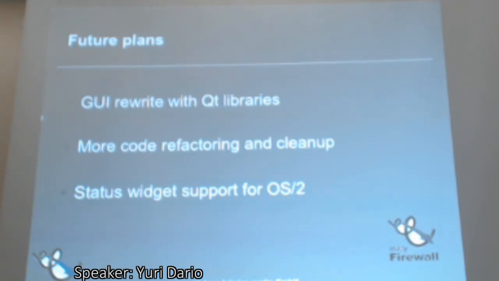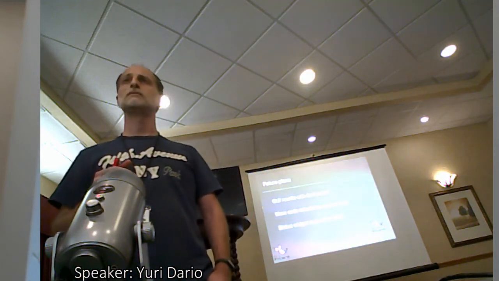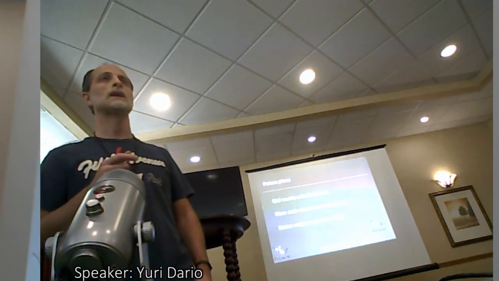Also, we want to write a new widget for OS/2, like the one available on Windows. On Windows, we have a small widget on the status bar where you can see the interface working and the traffic. You can have a small monitor of what happens, and we don't have this on OS/2. But since we now have Qt support, with system tray support, it will be easier to write.